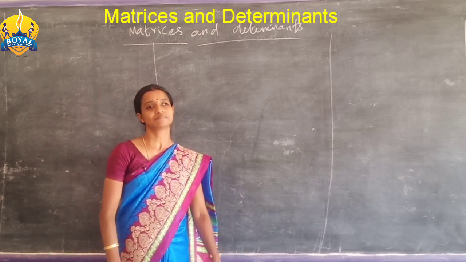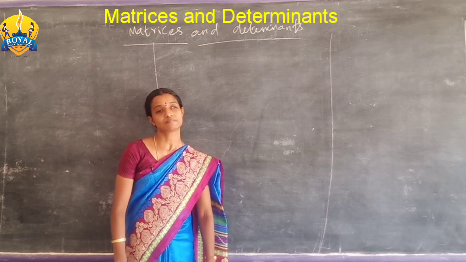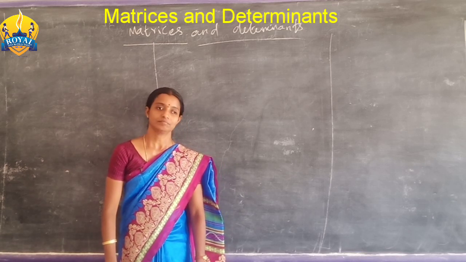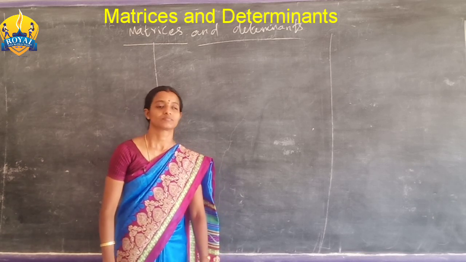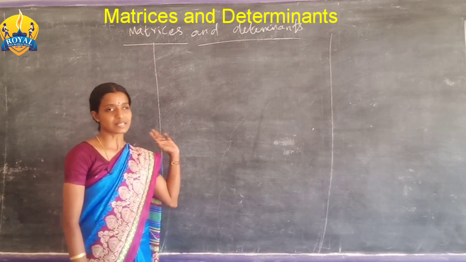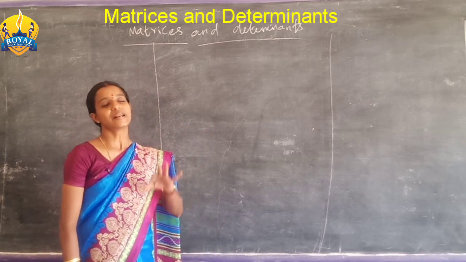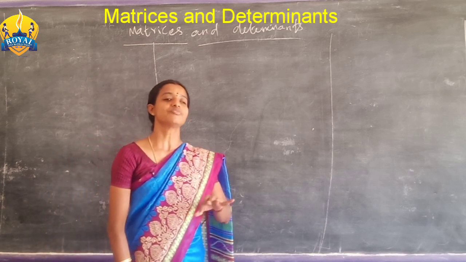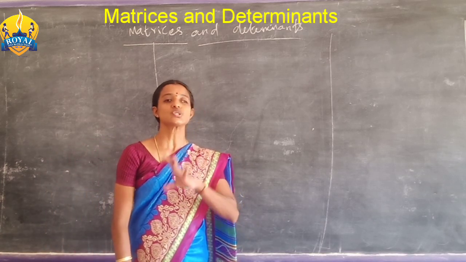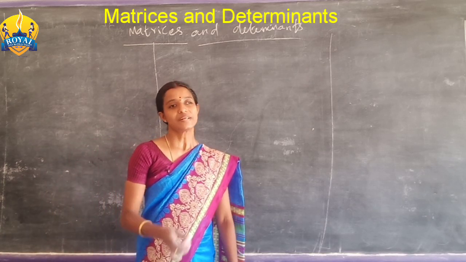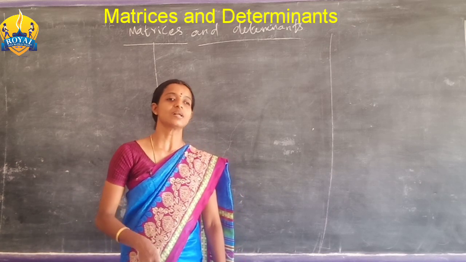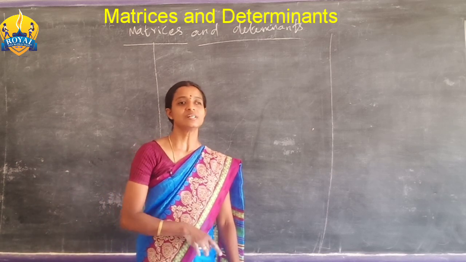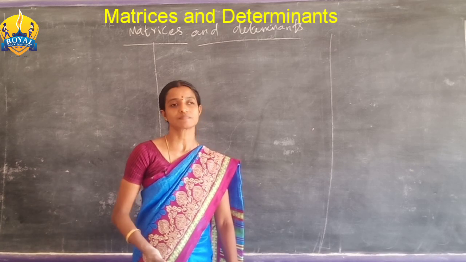So any idea regarding a matrix? What is a matrix? Any idea you have? A matrix is nothing but a rectangular array or arrangement of elements in rows and columns.